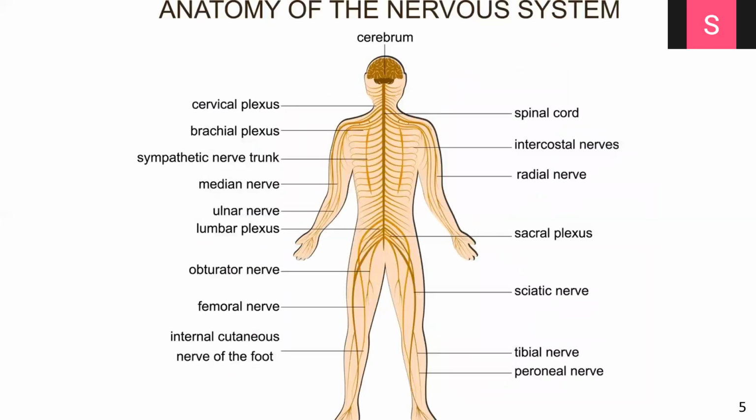Nerves are like signal wires. Each nerve contains fibers from many nerve cells. The fibers are bundled together for strength and protection from injury.